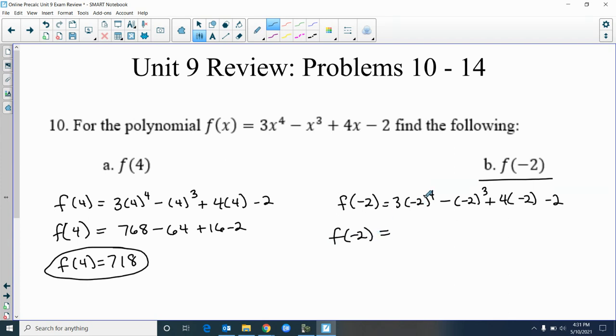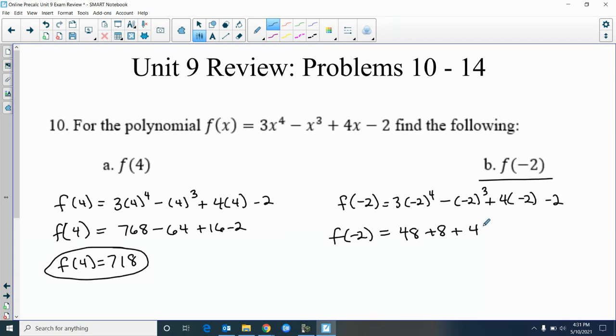Negative 2 to the fourth power. Negative 2 times negative 2 times negative 2 times negative 2. 4 negatives is a positive. That's going to be 16. 16 times 3 is 48. Minus negative 2 cubed, that's going to be negative 8. So minus a negative becomes plus 8.